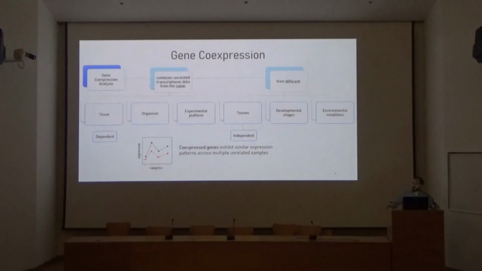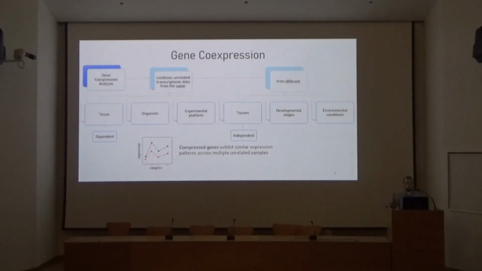So let's say that we have two genes, the black and the red one, and in one sample those two genes have a relatively low expression value. In another sample, which is unrelated to the other one, those two genes get increased expression at the same rate. And we observe this kind of pattern across many different samples.